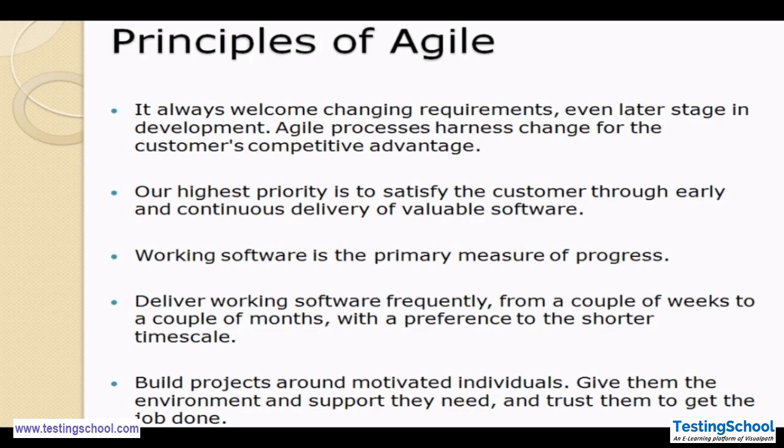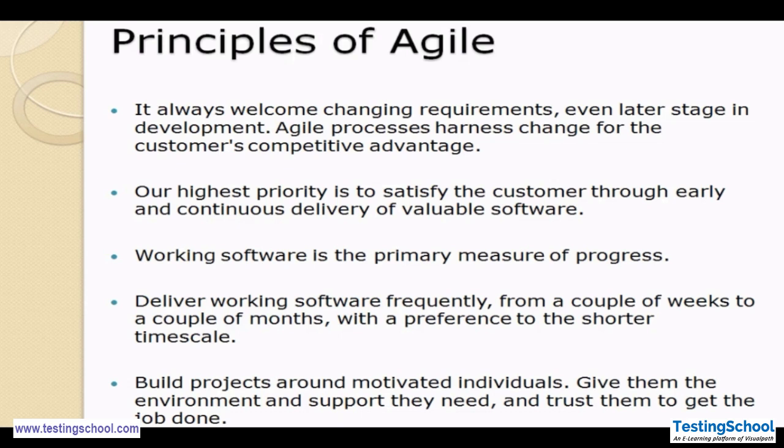Then, delivery of working software frequently. Our principle is to deliver working software in every sprint, from a couple of weeks to a couple of months. Whatever our cycle is, let's say a 15-day cycle or a 1 month cycle, we should deliver working software with a preference to the shorter time scale.